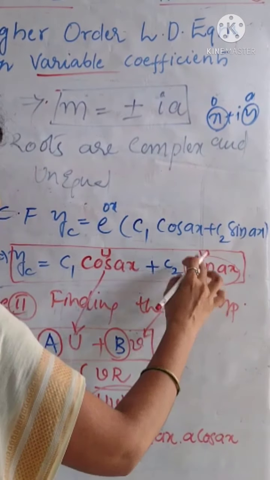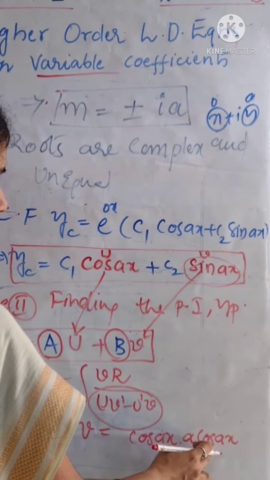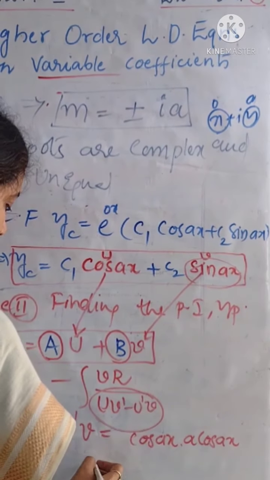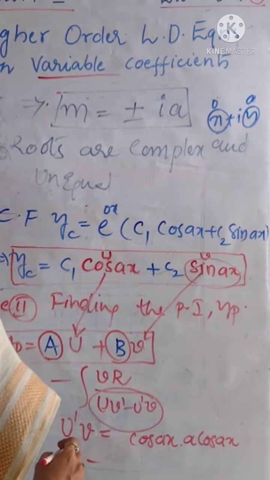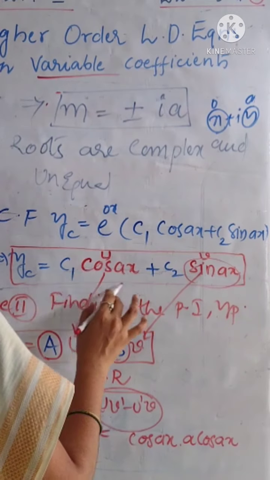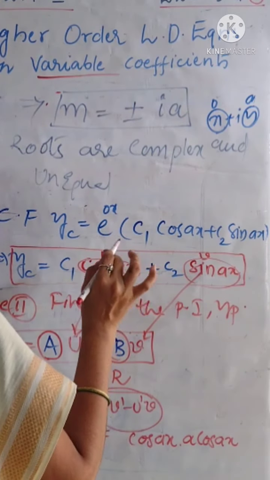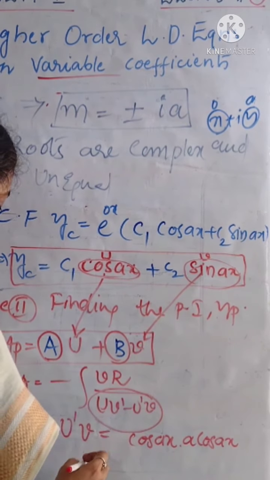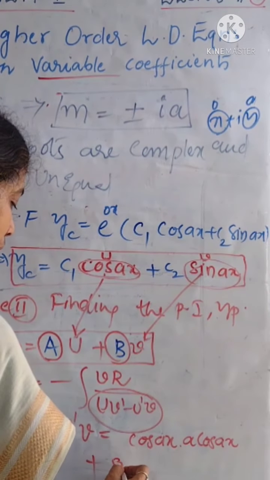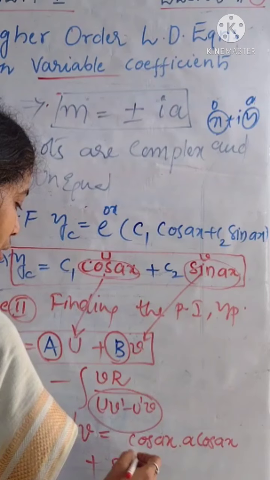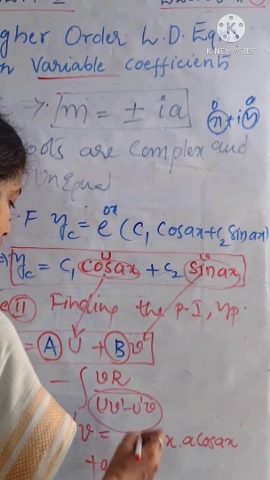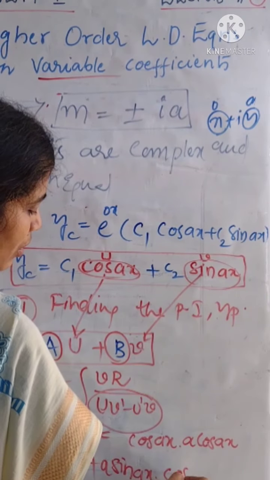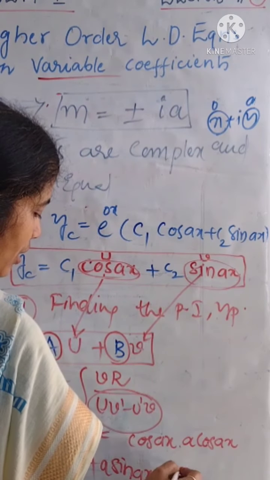Sin ax derivative is cos ax, plus cos ax into the derivative of ax, which is a, minus the derivative of u. U means cos ax. What is the derivative of cos ax? Minus sin ax. Minus of minus plus sin ax into the derivative of ax, which is a, into v. What is v? It is sin ax.